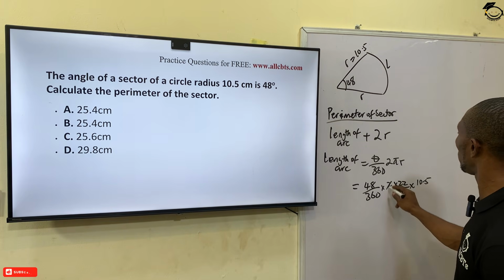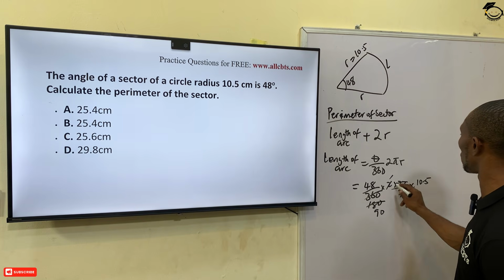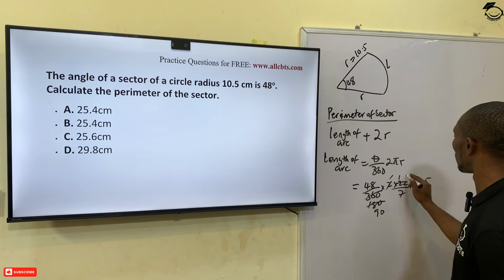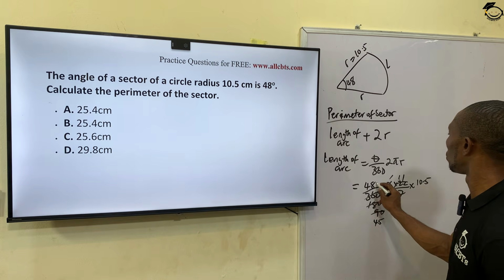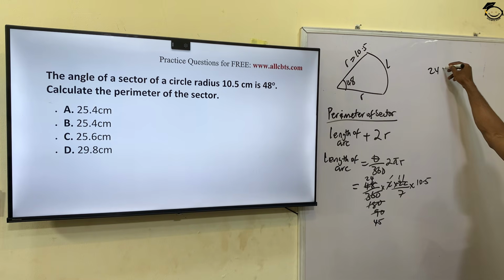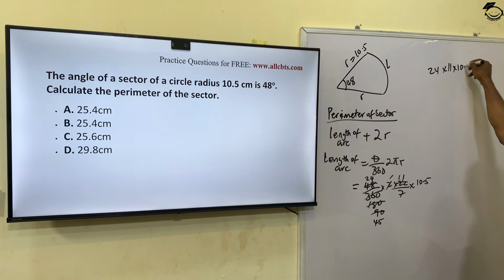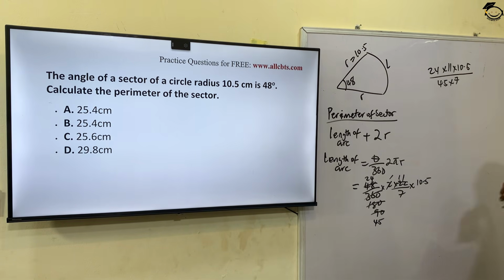Okay, 2 here 1, 2 here 180, 2 here 90, 2 here 11, 2 here 45, 2 here 24. So we have this as 24 times 11 times 10.5 divided by 45 times 7. Okay, so if we calculate this out, we'll be having our answer as 8.8 centimeter.